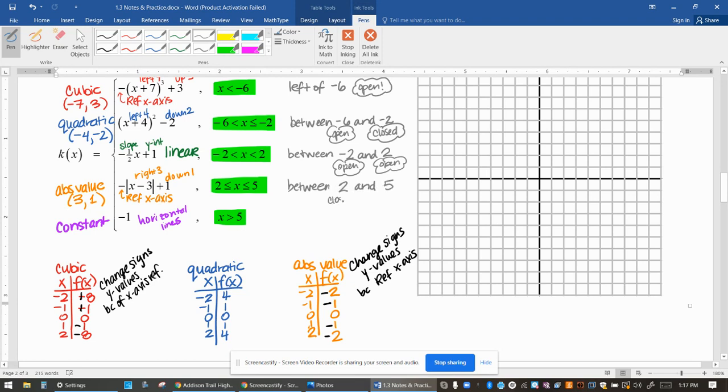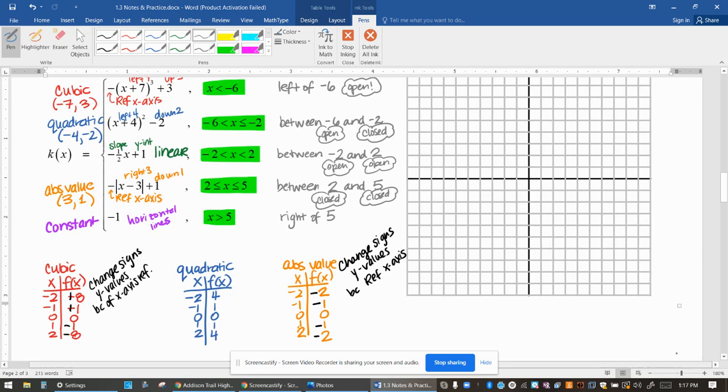These are both closed. So if you plot a point that lands on those values, you're going to make sure that they're closed. And then this one says x is greater than 5. Notice that your right hand makes the greater than symbol, so this is going to be all ordered pairs to the right of 5 that belong to that constant function.